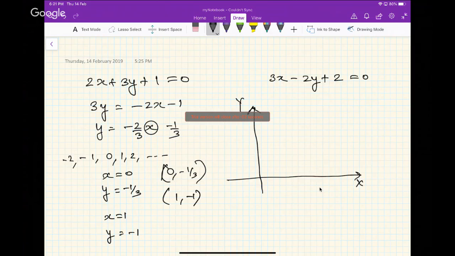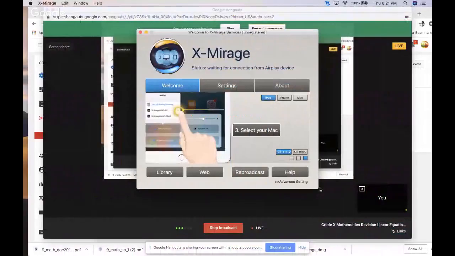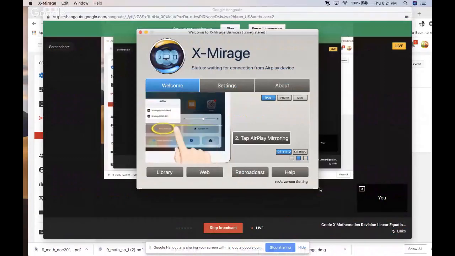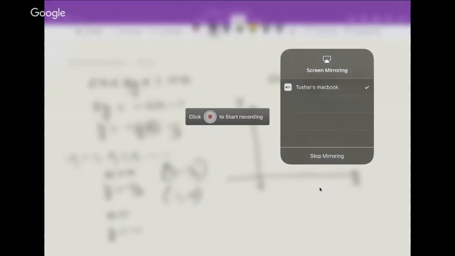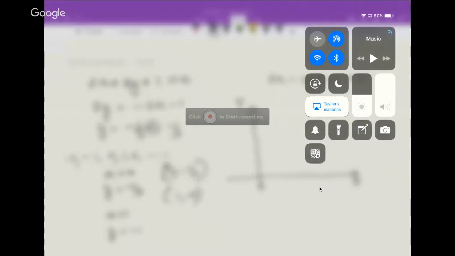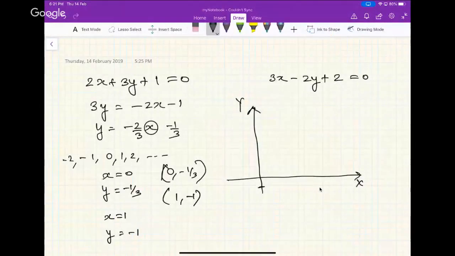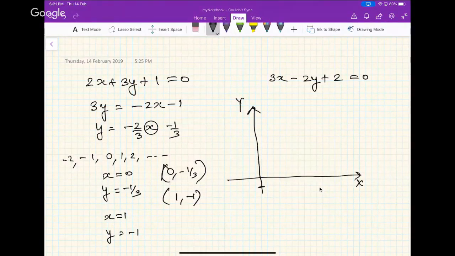So 0 comma minus 1 by 3 will be, this is x equals 0, and this is minus 1 by 3. And the second point 1 comma minus 1, let's say this is 1 and this is minus 1. So hence you have to draw it, freehand here, and using a scale you should do. So you will get this line.